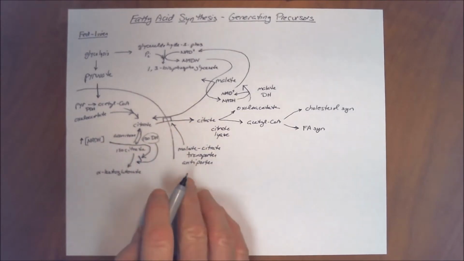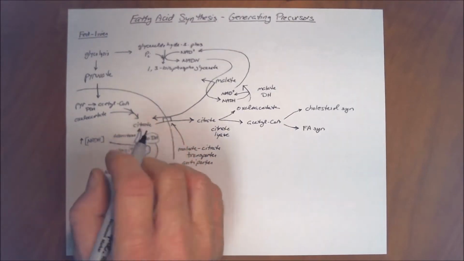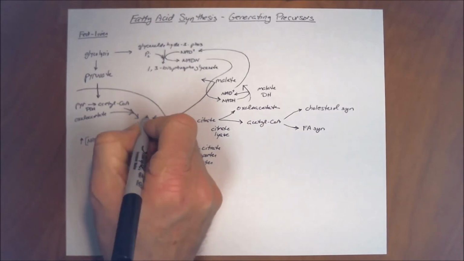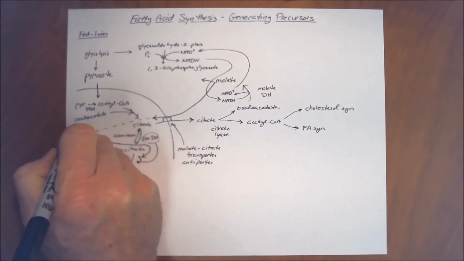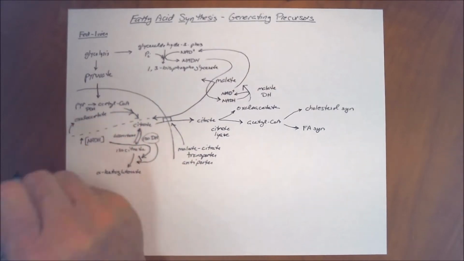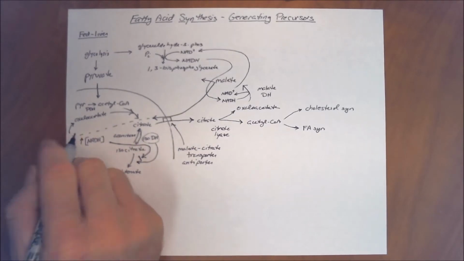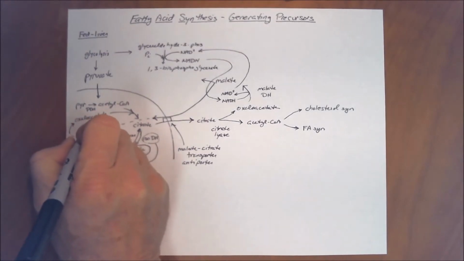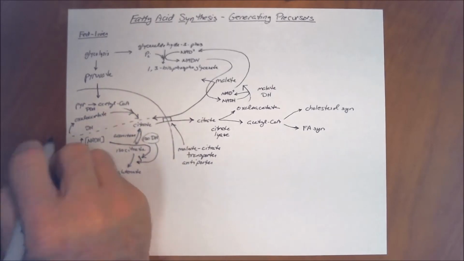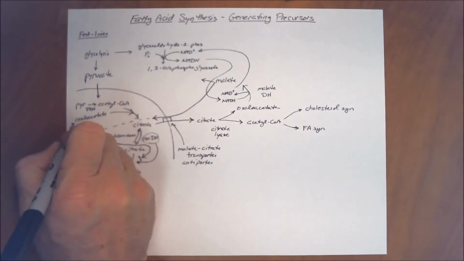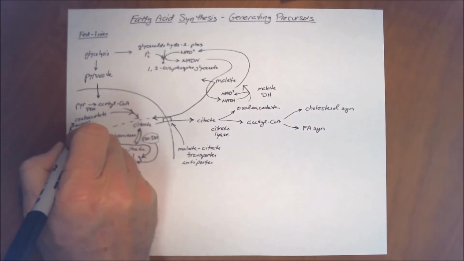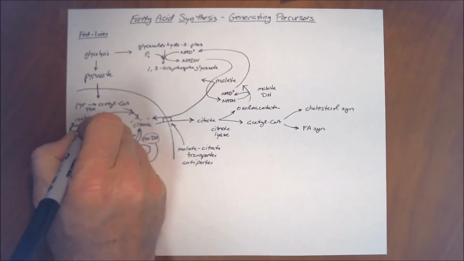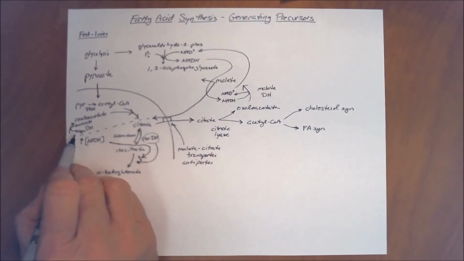The other thing this is going to do is once the malate comes back into the matrix of the mitochondria, we are able to replenish oxaloacetate from the malate dehydrogenase enzyme in the matrix of the mitochondria. This will also deliver those NADH carrying electrons back into the mitochondria.